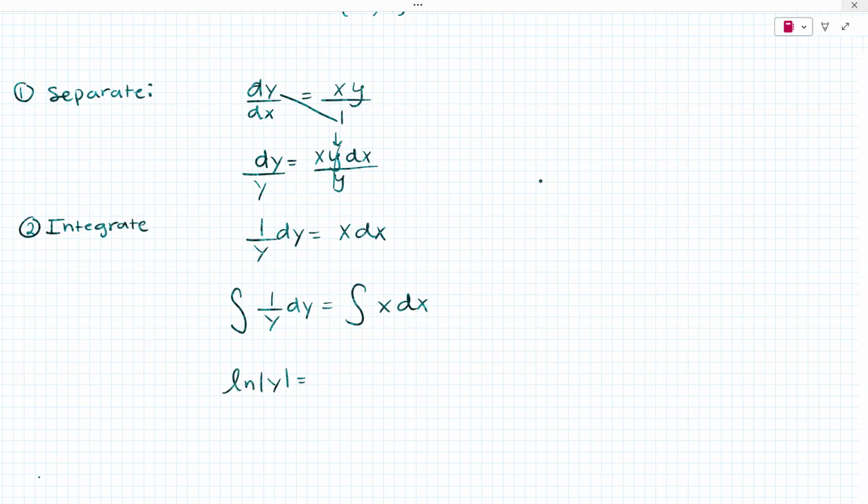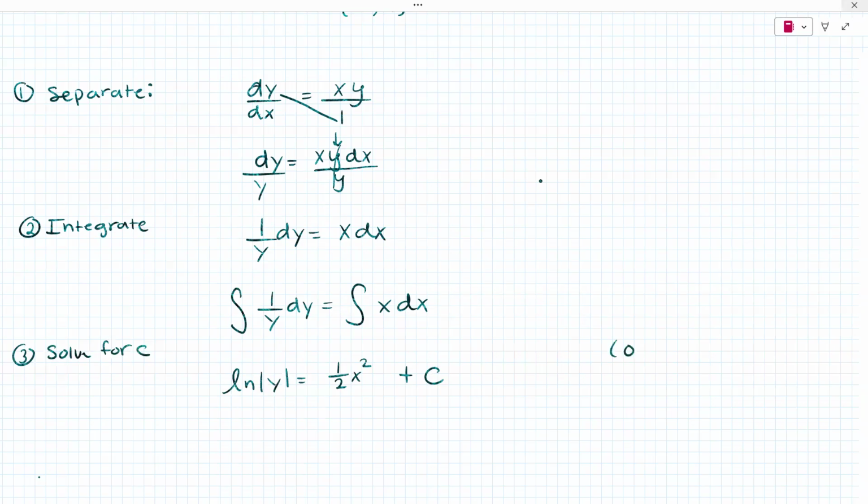And then the integration of x dx is the same thing as 1/2 x squared. And then don't forget you have to add that plus c. Okay, and then step 3 is solve for c because now we have an initial condition, right?